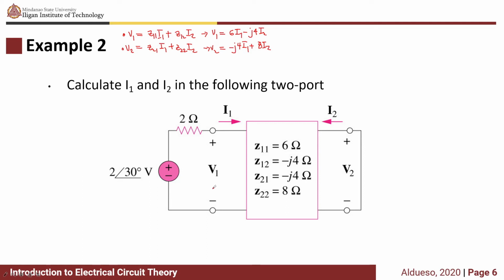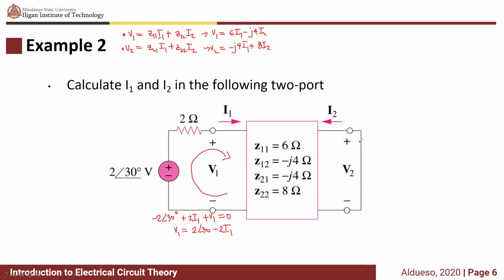Now, looking at this left loop, this loop right here, applying KVL at this loop, we have negative 2 angle 30 degrees plus 2I1 plus V1 is equal to 0. So our V1 is just equal to 2 angle 30 minus 2I1.